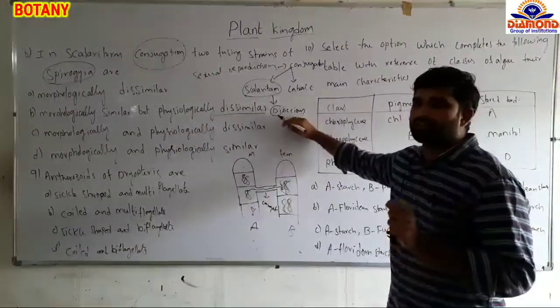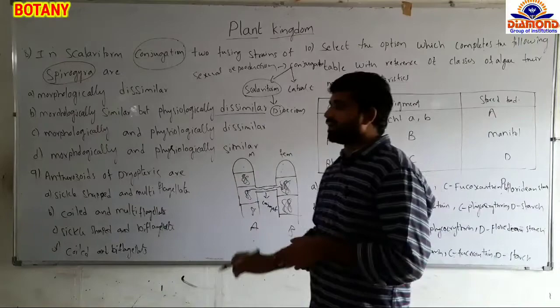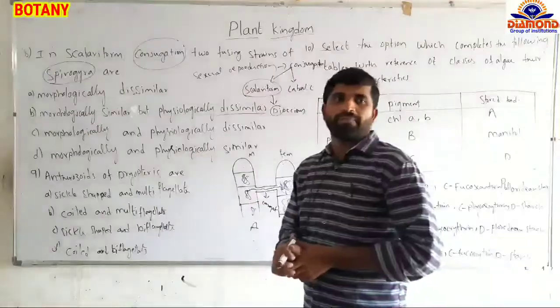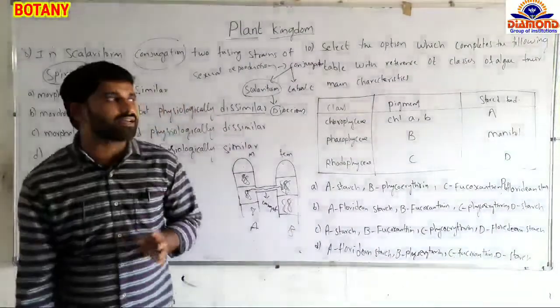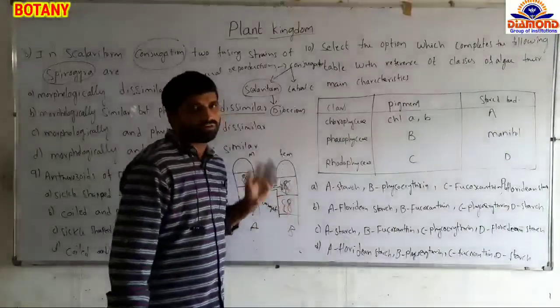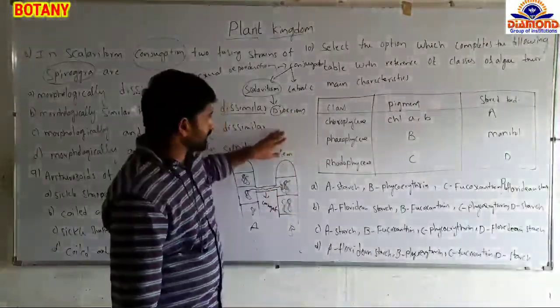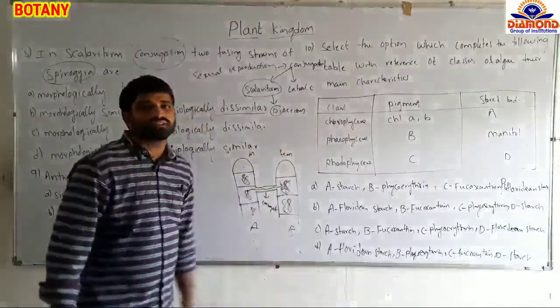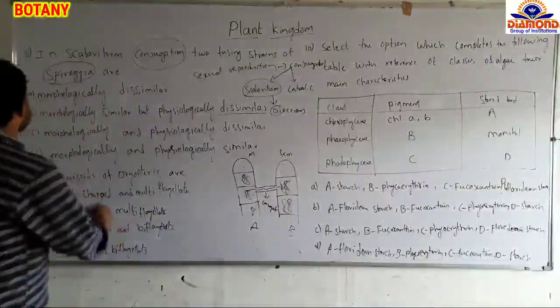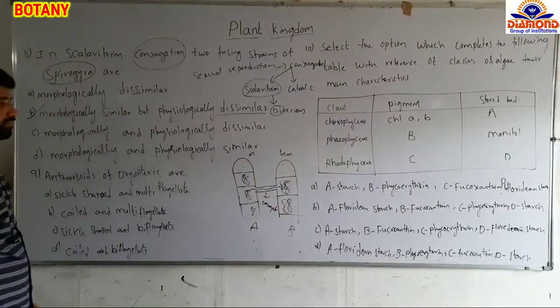The fusion of two dissimilar gametes is called anisogamy. Based upon the fusion of gametes, sexual reproduction is classified as isogamy, anisogamy, and oogamy. Spirogyra with scalariform conjugation shows physiological anisogamy. So the answer is B.